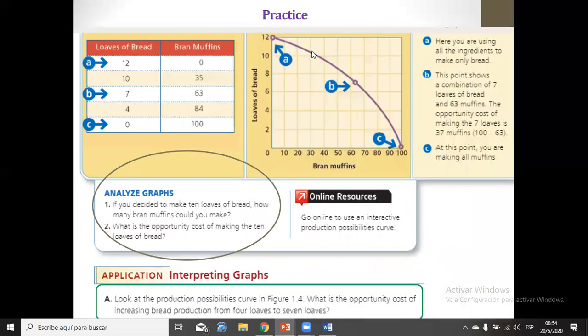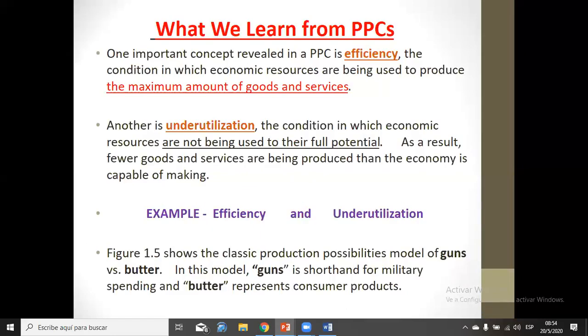Now over here, this is the maximum. The PPC shows the maximum amount of production of goods and services. So this is the limit. You cannot produce more because you don't have the resources in order to produce more. That's what the PPC shows, the efficiency.